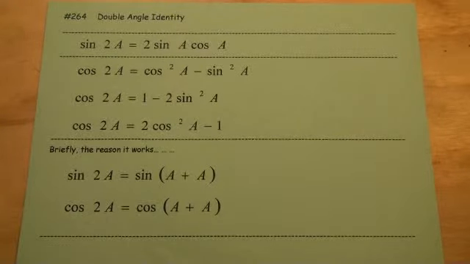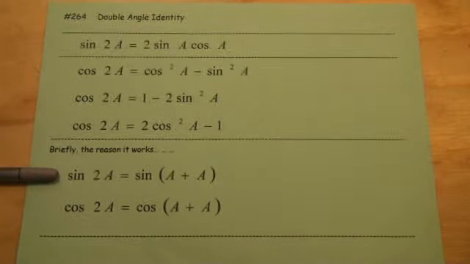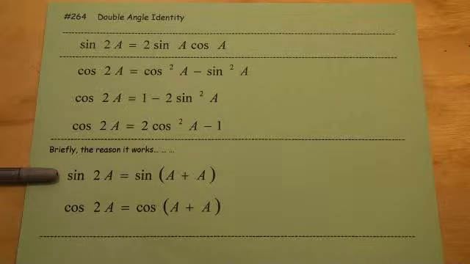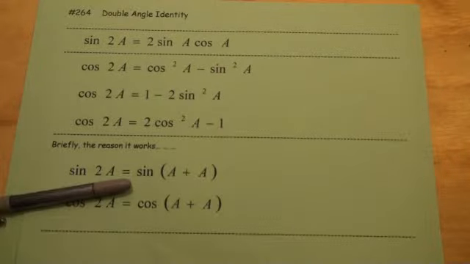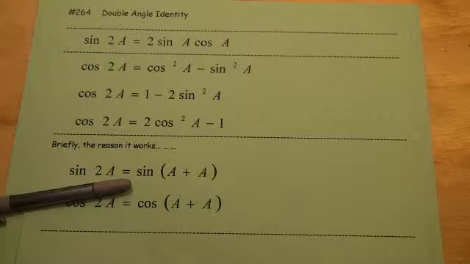Now, we're not going to go through the proof, but you can easily see, if you start writing this down, that if you rewrite sine double angle, sine 2a, as sine of a plus a, then you can use the addition identity, the sine of the angle addition.